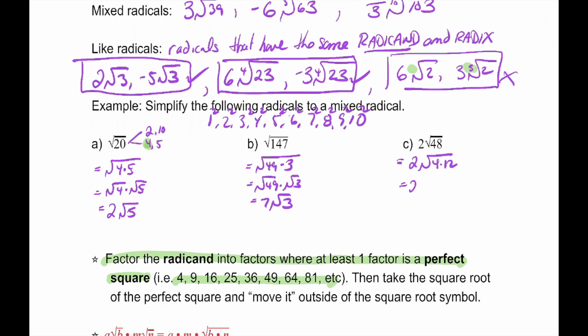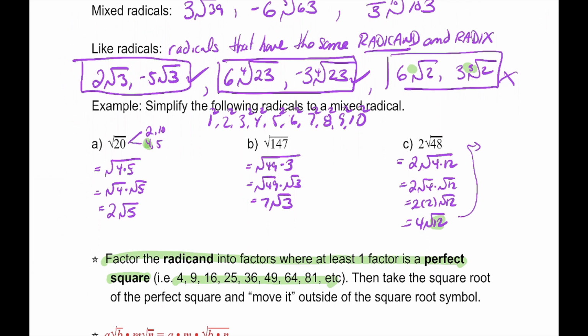So this comes to root 4 times root 12, which is 2 root 12, and then 4 root 12. The thing we need to be careful about, like with factoring, is that when we get to the end, we have to see whether root 12 can be simplified even further. Well, in this case, it can.